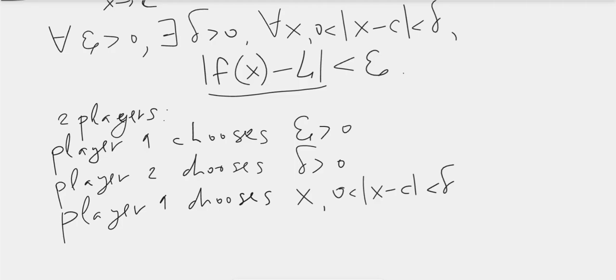And so that's it. The game ends there, and then we evaluate this expression, the difference between f(x) and L. So if it is less than epsilon, then the second player wins. If it's greater or equal than epsilon, then the first player wins.